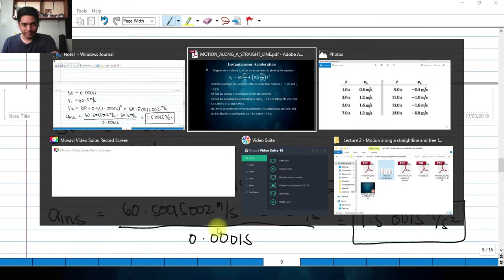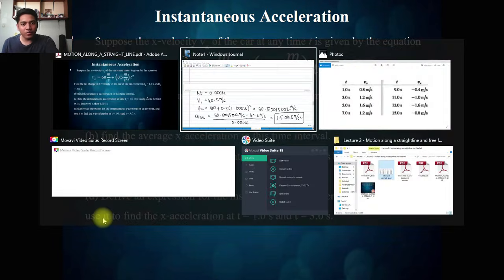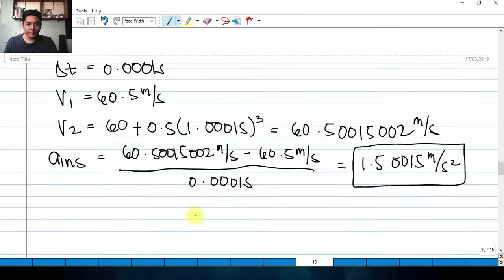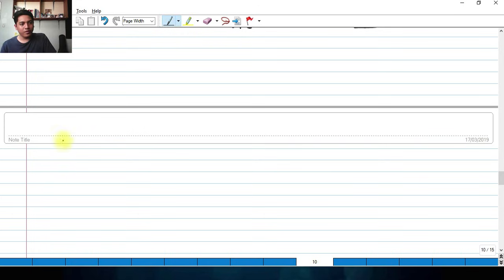Okay, so letter D: derive an expression for the instantaneous x acceleration at any time and use it to find the x acceleration at time t equals 1 second and 3 seconds. So today, we're going to derive the expression for instantaneous acceleration. We have the given Vx equals 60 plus 0.5 t cubed.